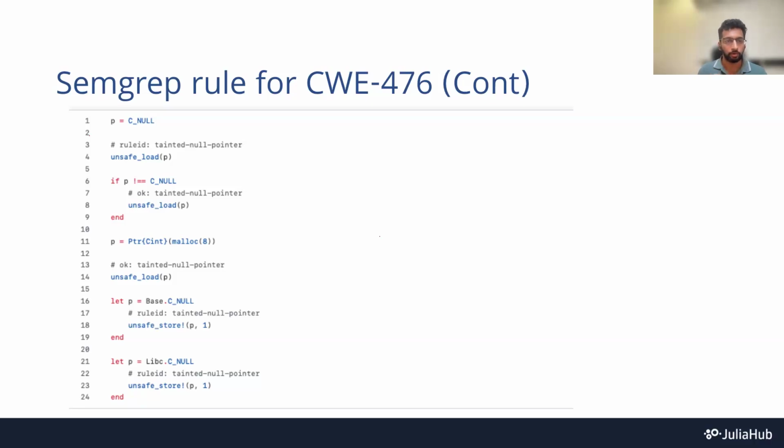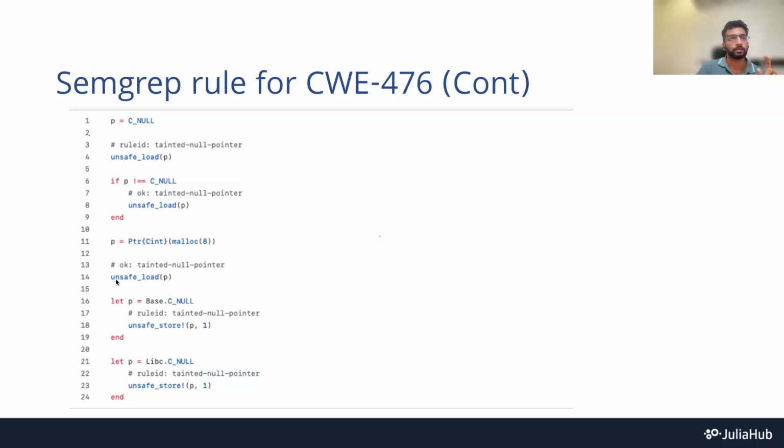We also do an unsafe load in line number eight, but as you can see, it is wrapped with a null check. So we will never hit that point. So our analyzer will not report this particular line as one with an issue.